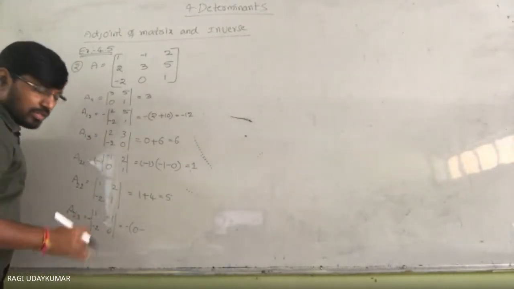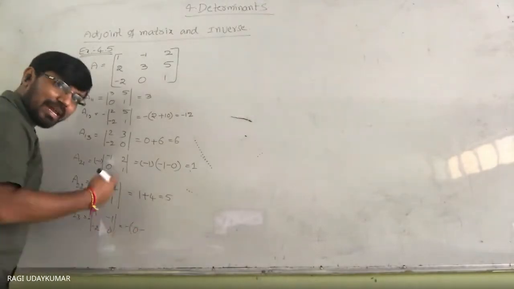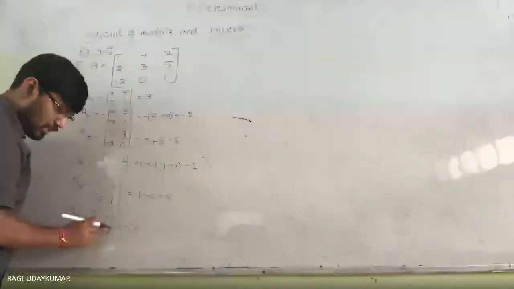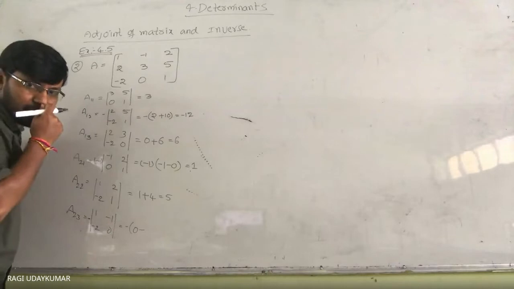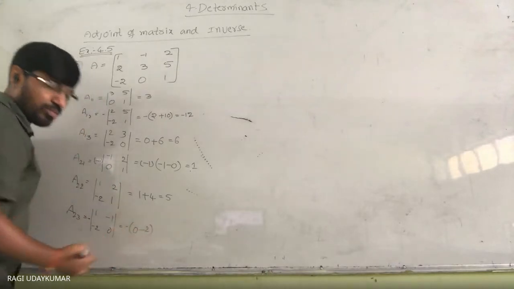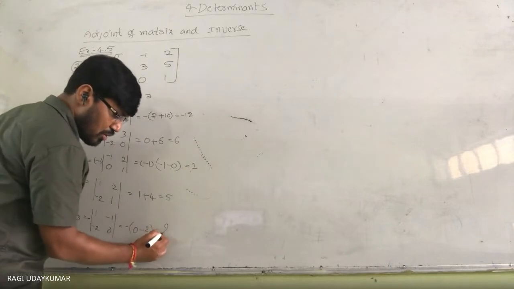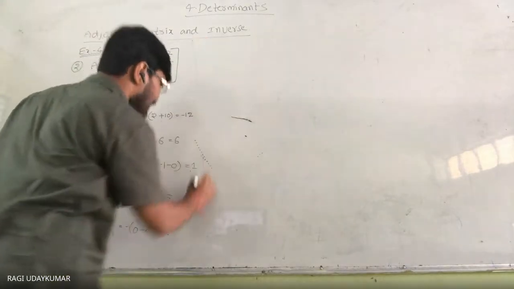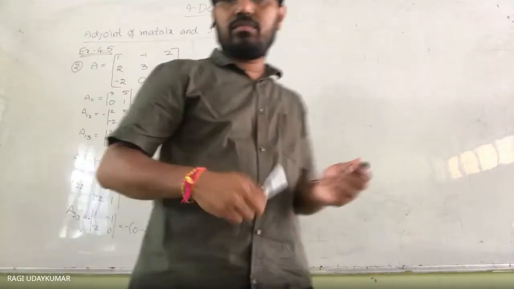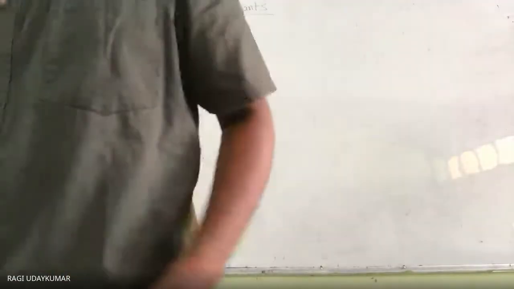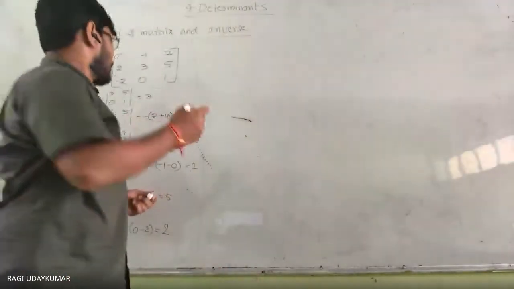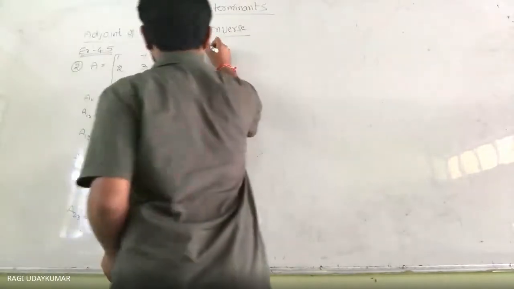No, 0 minus will be there: the product of these two minus the product of these two. So minus of 0 minus 2 gives 2. After getting this, A23 is over.